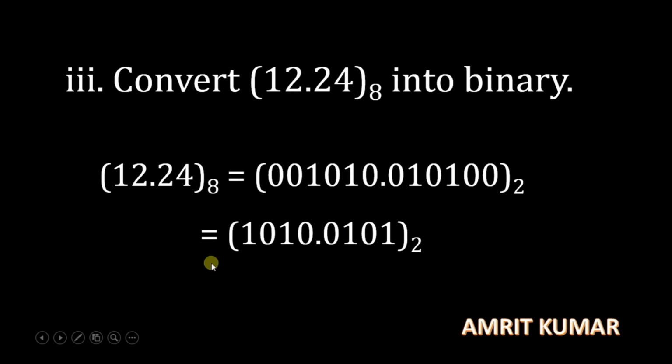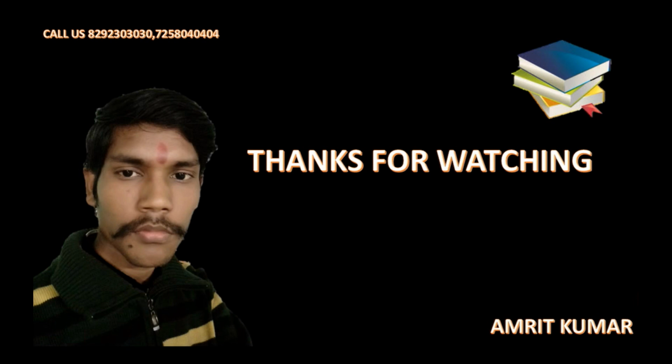So this is how we can convert an octal number into a binary number, and this is very important. So our overall output is this. So this is how we can convert an octal number into a binary number. So thanks for watching. Dhanyavad.